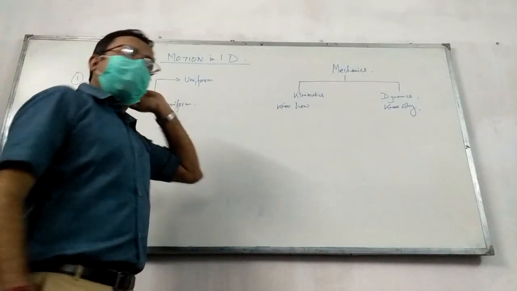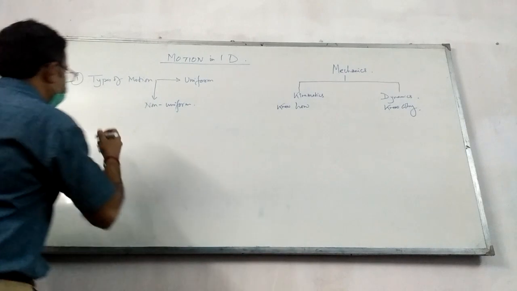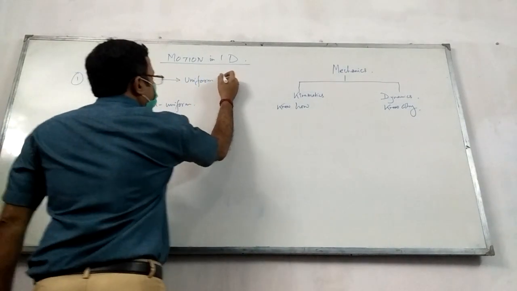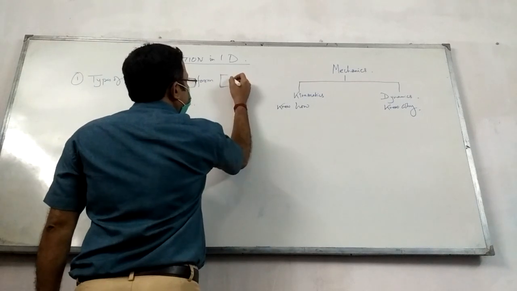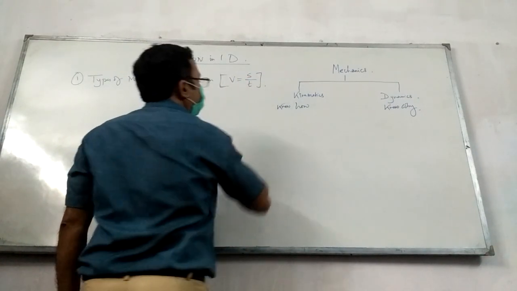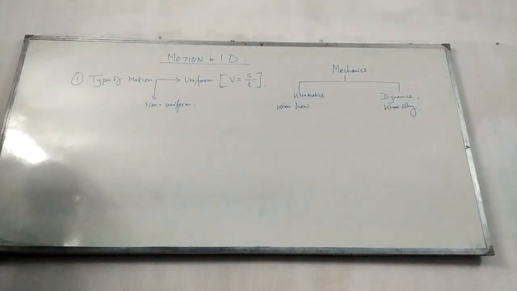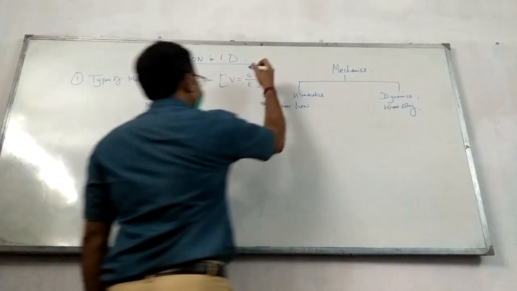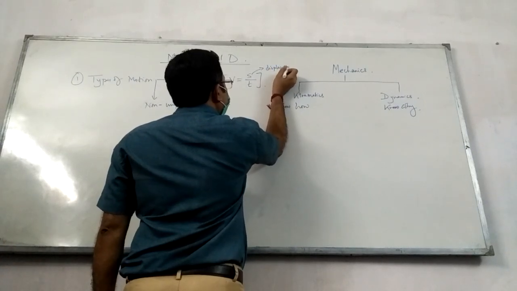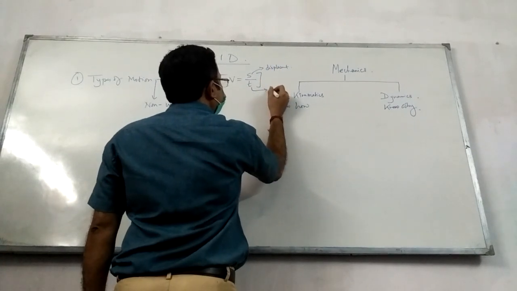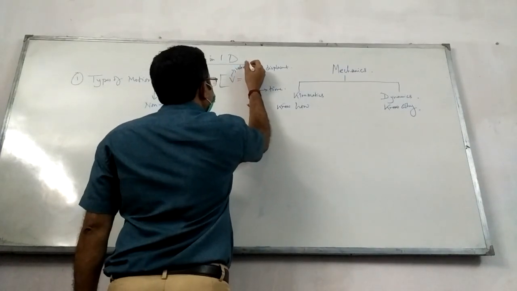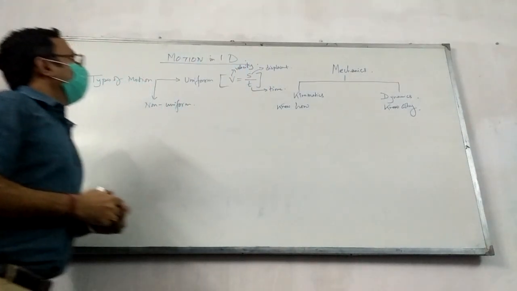Okay. Now, in uniform motion, what are the situations that arise? The only relation is velocity equal to displacement by time, v equal to s by t, where s is displacement and v is velocity.